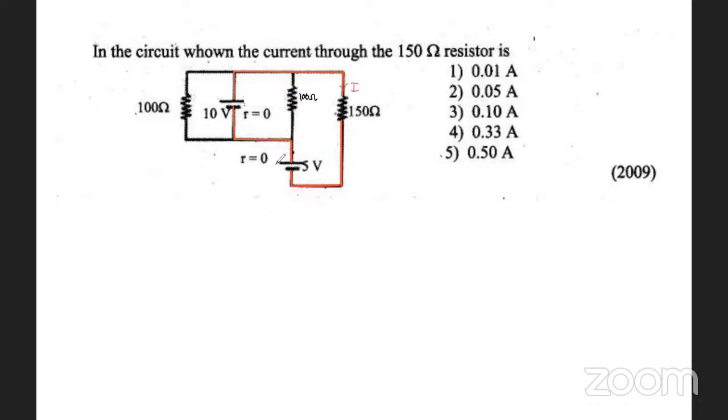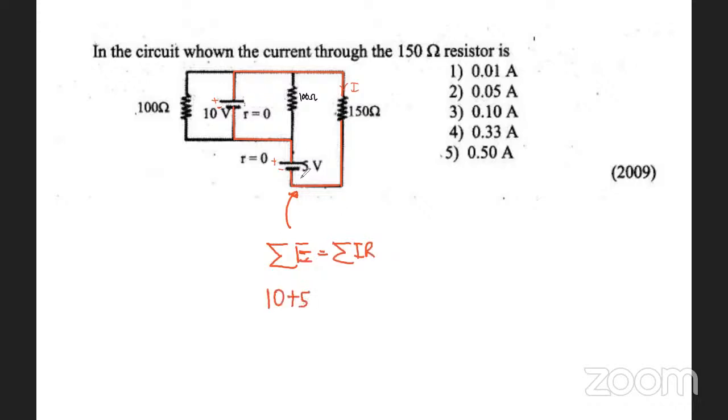So again, battery plus here, minus here, and here minus and plus. So plus and minus are connected. When you apply Kirchhoff's law, they must be added. So for that loop I have chosen, let's apply sigma E equals sigma IR. Sigma E there is going to be 10 plus 5.